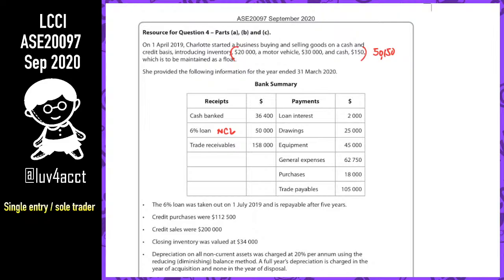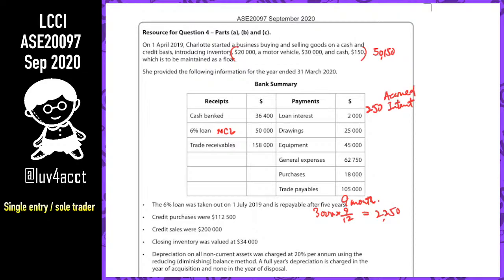So 3,000 for 9 months, interest being 2,250, and we have paid 2,000, that means 250 is accrued interest, other payable.